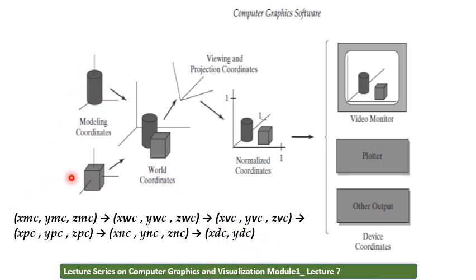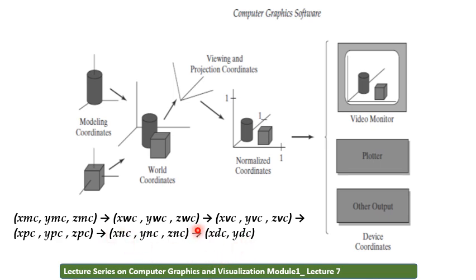This is a modeling coordinate representation of the 3D object, and this is a device coordinate representation on the monitor. In this way, from modeling to device coordinates, these are the steps to follow: modeling coordinates to world coordinates to viewing coordinates to projection coordinates, then normalized coordinates to device coordinates.